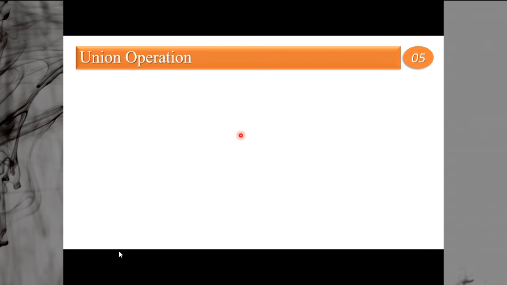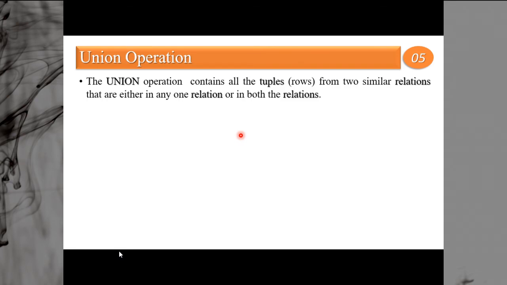Then we are having the third important operation, that is called union operation. If you remember the set theory, in set theory we are having all these three operations: the union operation, the intersection operation, and the set difference or minus operation. So the same three operations are performed here also. The union operation contains all the tuples from two similar relations that are either in any one relation or in both relations.